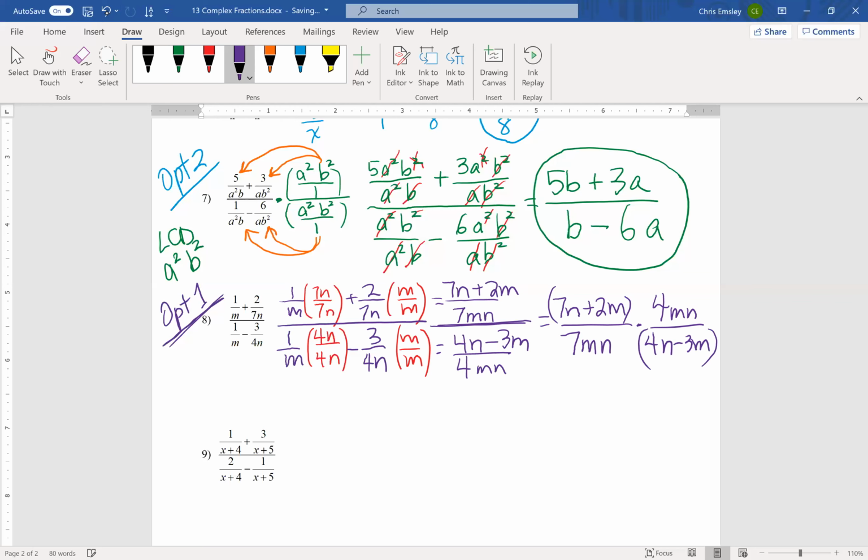So we can do a little canceling there. That m goes with that m, and that n goes with that n. And our final answer, I'm going to write the coefficient out front, would be 4(7n plus 2m) over 7(4n minus 3m). Again, that was option number 1.